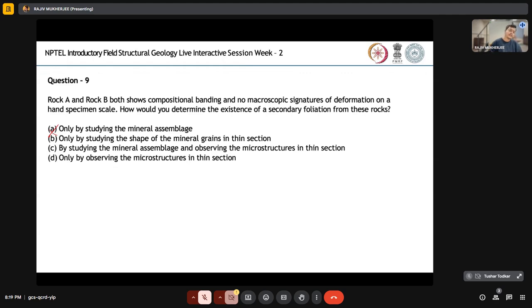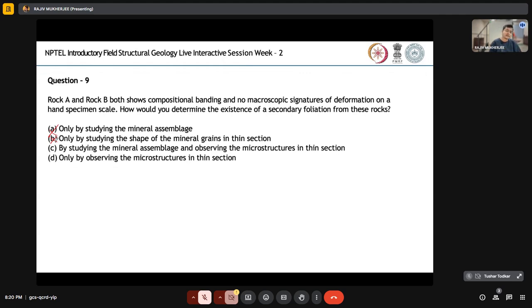So option B is also not a viable choice to determine which is the secondary plane in this case, right? Now option C is by studying the mineral assemblage and observing the microstructures in thin section. That is the only true answer to this question, because you need to look at the microstructures.